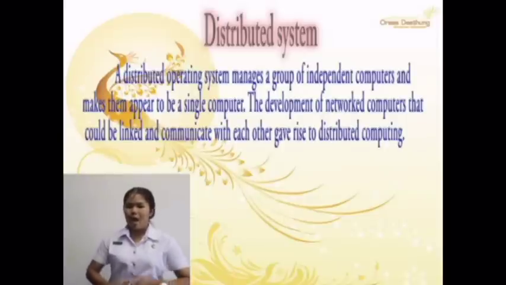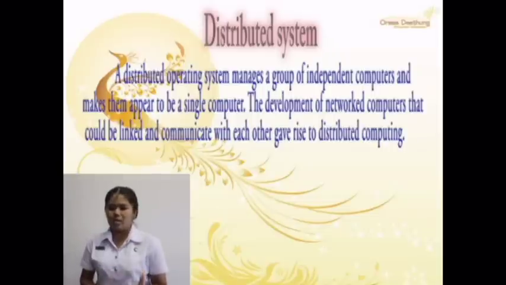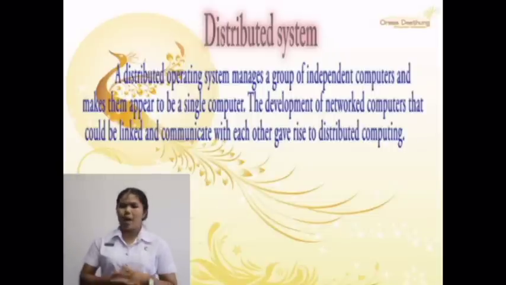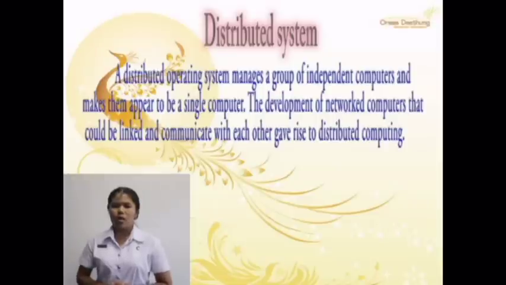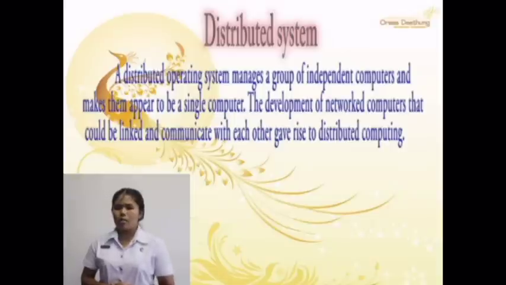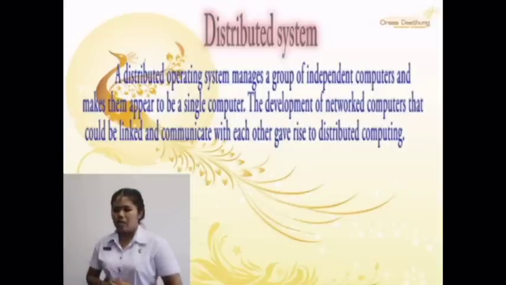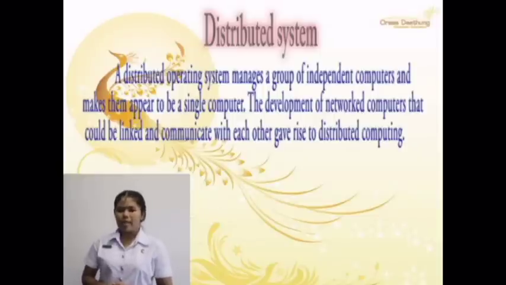Distributed systems. A distributed operating system manages a group of independent computers and makes them appear to be a single computer. The development of networked computers that could be linked and communicate with each other gave rise to distributed computing.